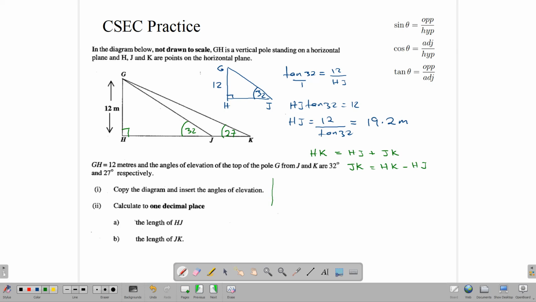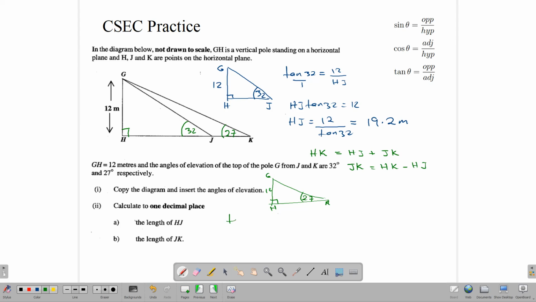So we can just draw that triangle, the bigger one. And that angle there is 27, and our right angle, and this is 12. This is G, this is K, and this is H. So we want to find this side, HK, again, opposite adjacent, that's tangent.